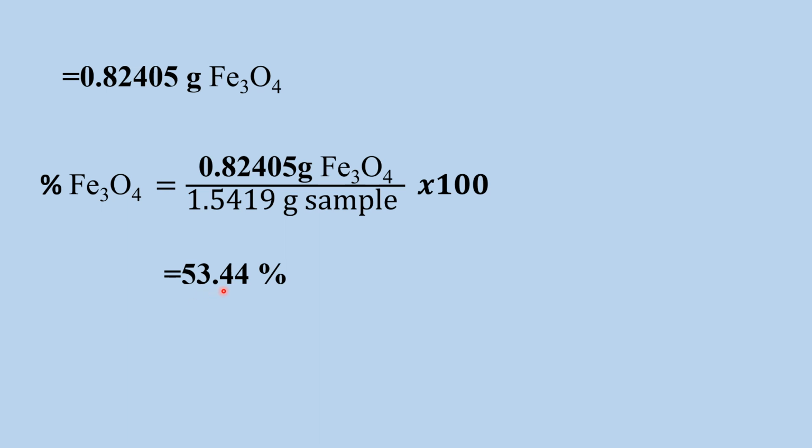Take note, ilang significant figures? 4. Kasi yung given sa atin, ito, 4. At ito, 5. Since we report it according to the factor that contains the least number of significant figures. So, adto ta sa gamay nga significant figure, 4.